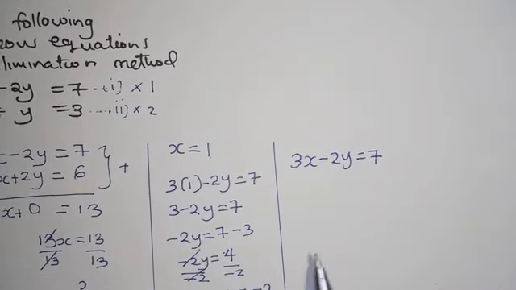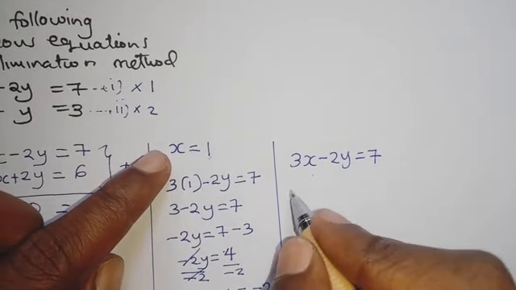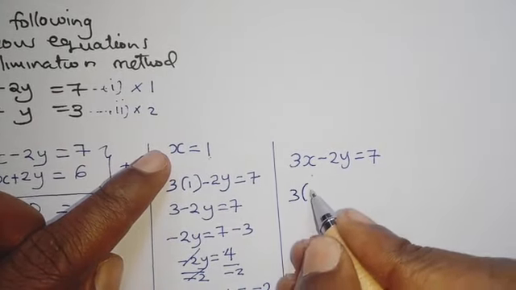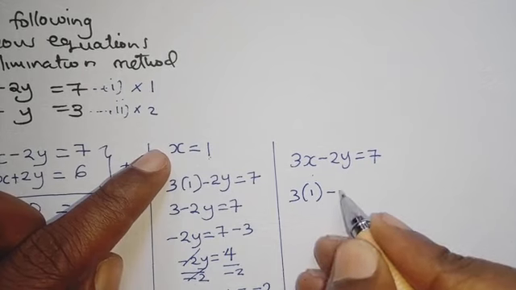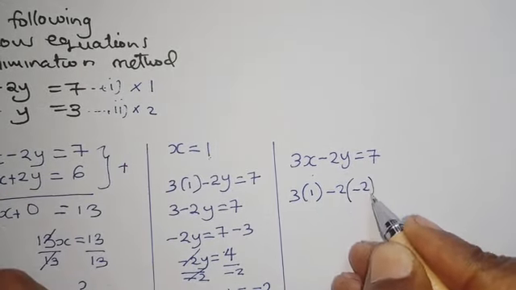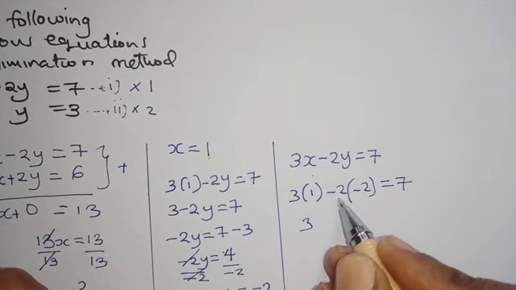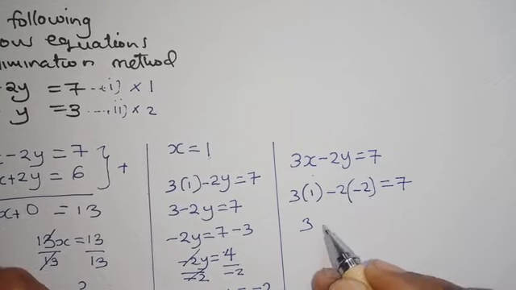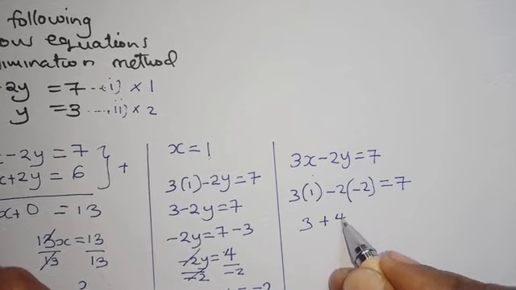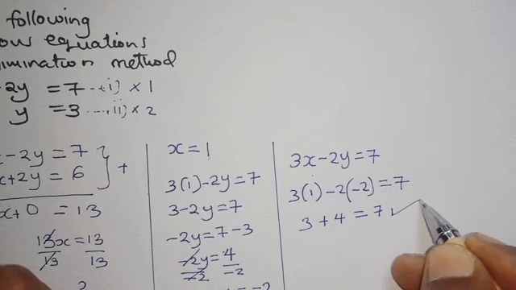We have said that if we take x, which is 1, and put it here, it gives 3 times 1 minus 2 times y, where y is negative 2. Let's see if it gives us 7. This one is 3, and minus 2 times minus 2 is positive 4. If you add, you should get 7, so it confirms.